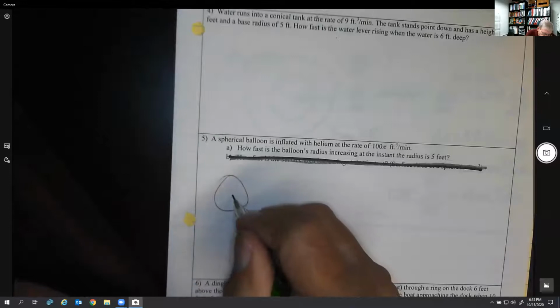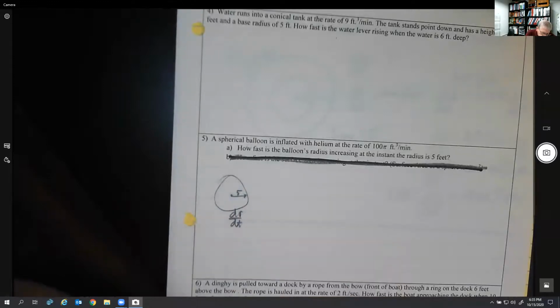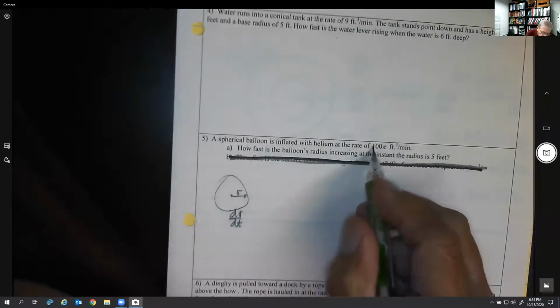When this reaches 5, what is dr over dt is what they're asking. The spherical film is filled with a rate of 100. So this must be the volume. That's the rate at which the volume is increasing.